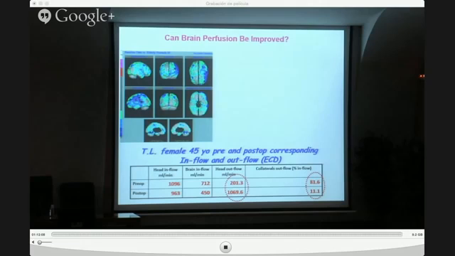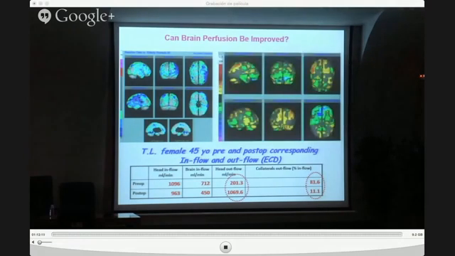And this corresponds to this map of perfusion, where you may see diffusely the warm color of better perfusion. So certainly, this is big news. You may increase perfusion, especially in people without any kind of problem in vein flow, by improving the outflow.